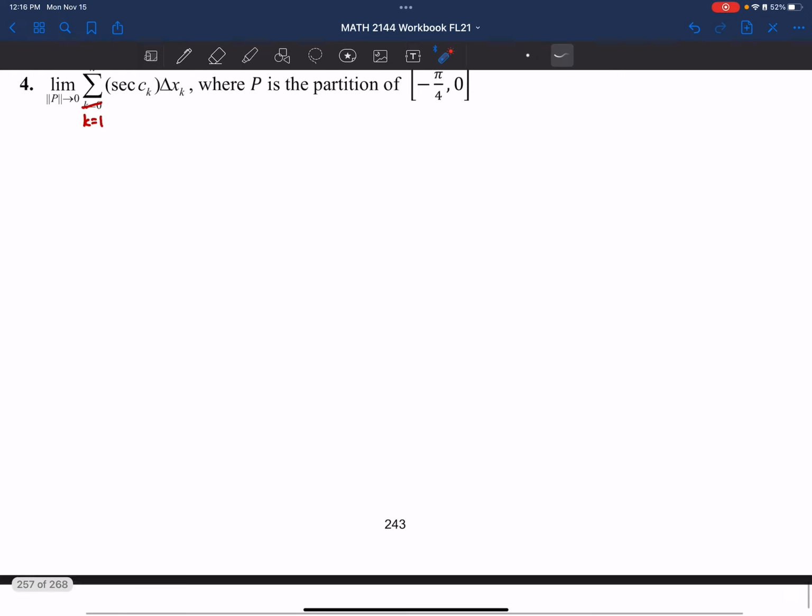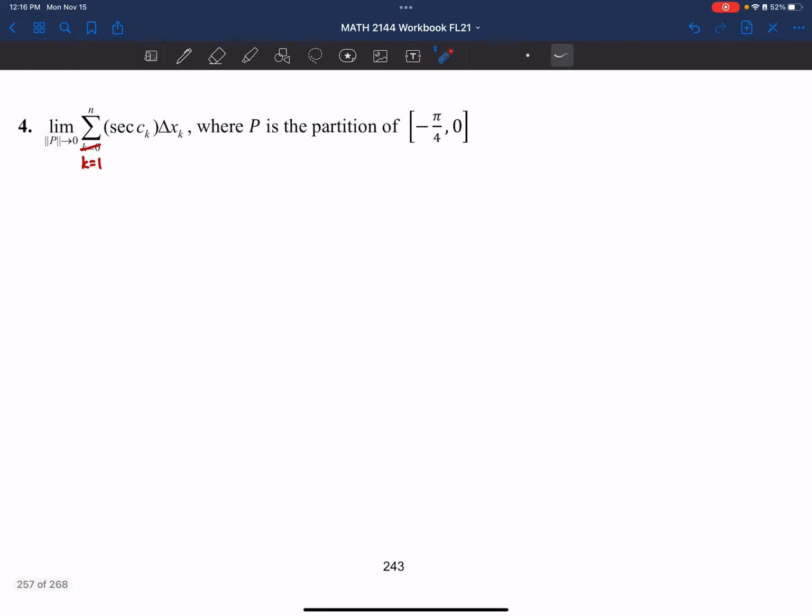Okay, so let me give you a couple seconds to try number 4. Just write it as an integral.